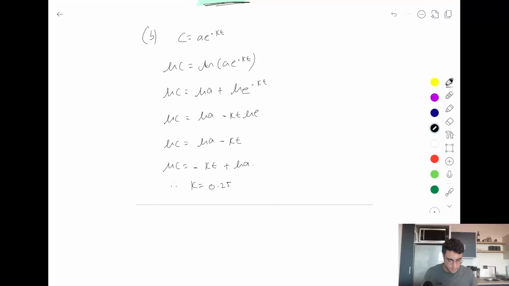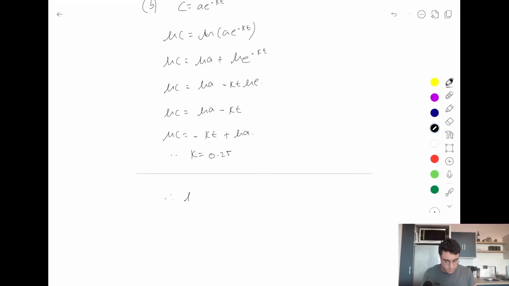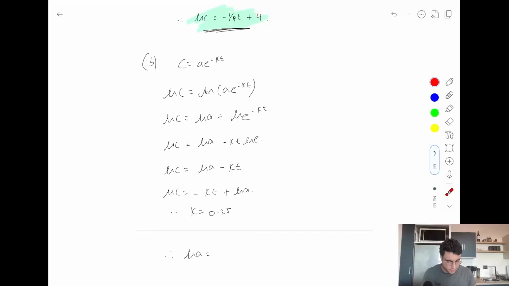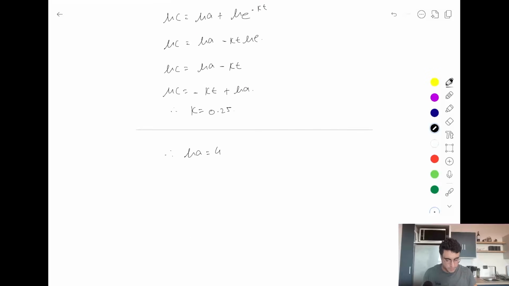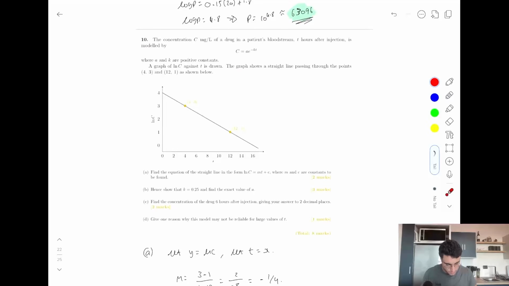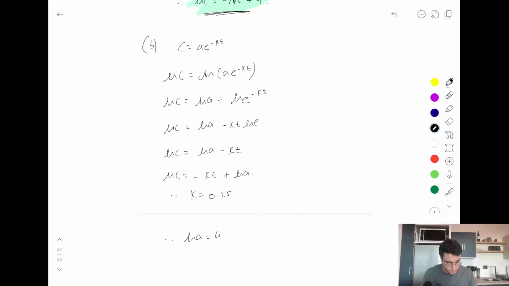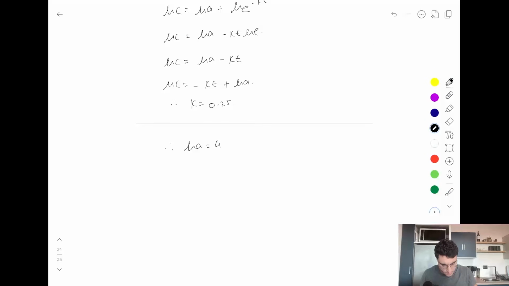Which means that ln A, based on the fact that it's the same equation, is going to equal 4. And what does it want us to show? The exact value of A. So A is going to equal e to the 4. And that's the final answer to that question.